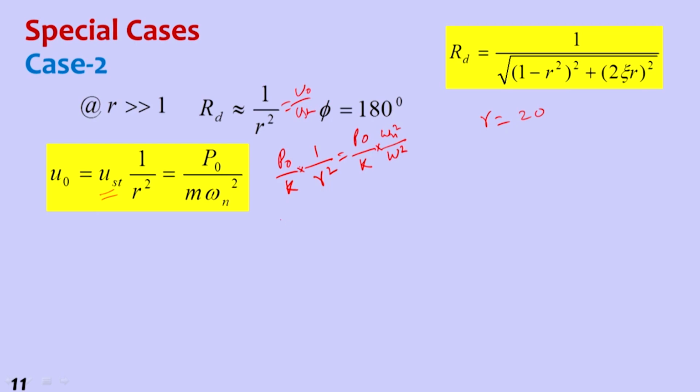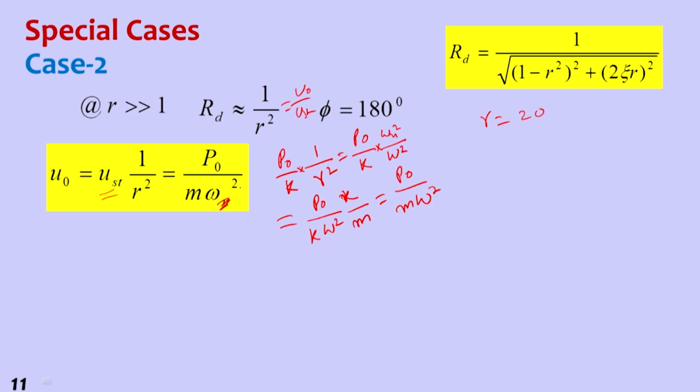Omega n square means K by M. So we will be left with P naught by M omega square.